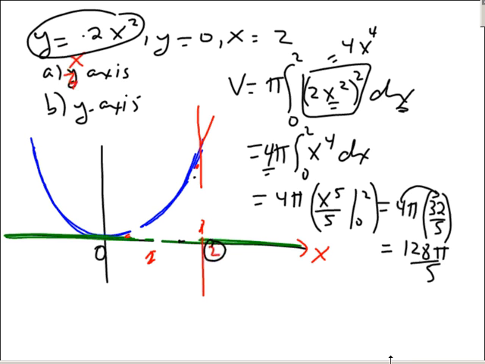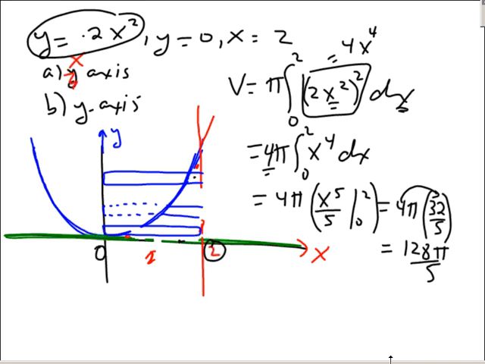So, since we want to revolve around the y-axis, we draw the rectangle perpendicular to the y. But we need to extend it. That is, first I'm going to revolve that big area. That is, I'm going to keep revolving rectangles like this.